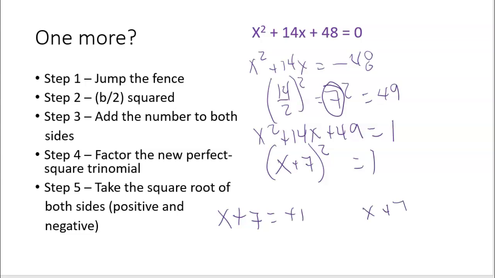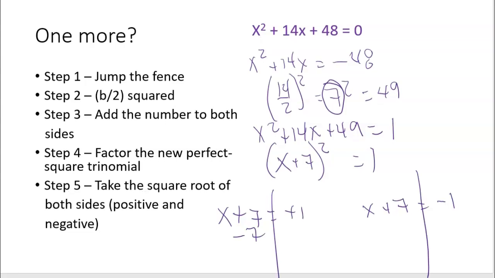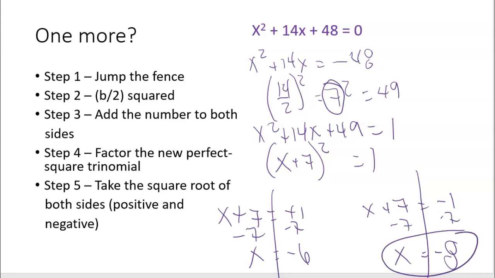X plus 7 equals negative 1. Minus 7, x might be negative 6. Minus 7, x could be negative 8. Make sense? If you just keep to the 5 steps, 1, 2, 3, 4, 5, you'll have no problem.